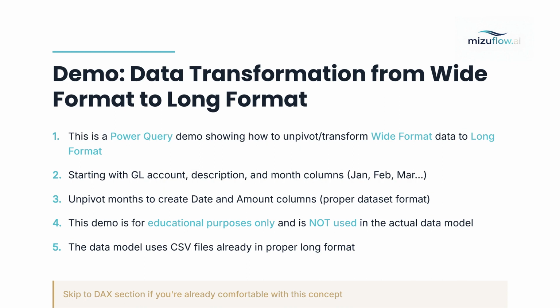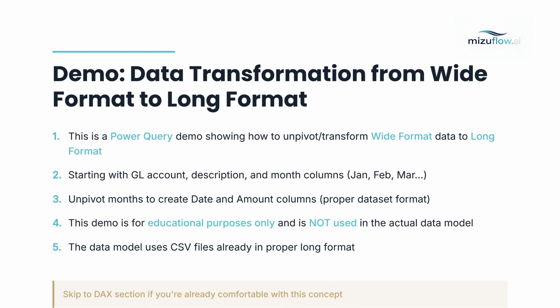It's only meant to show you the concept, how to convert a wide format data set into a long format one. Real-world data transformation can be much more complex, but this is a simple, easy-to-follow example, so you can understand the basic idea. So if you like, you can skip this portion, since it's just a demo and not part of the final model.